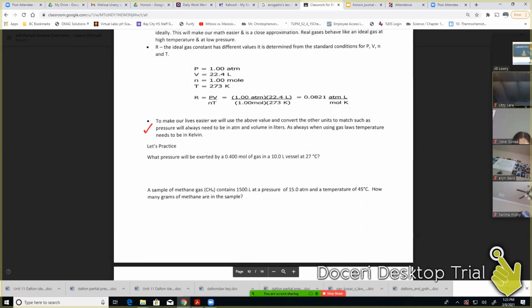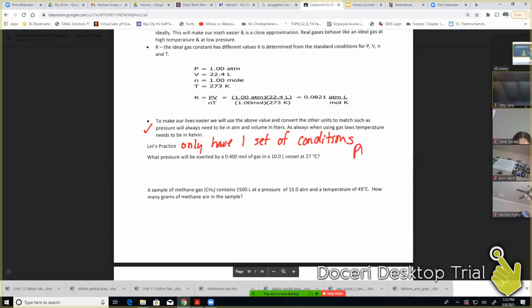All right, let's look at a couple of examples here. And like I said, the difference also is that with the ideal gas law, we only have one set of conditions. There's not going to be a P1 and a P2 or a T1 and a T2.